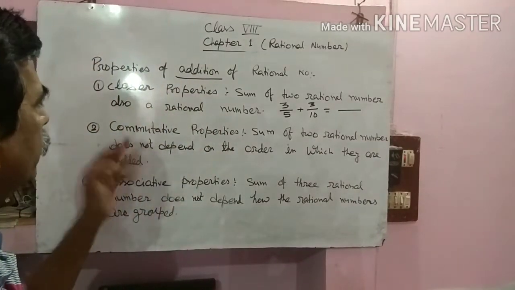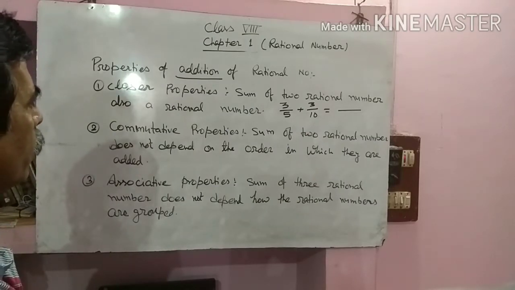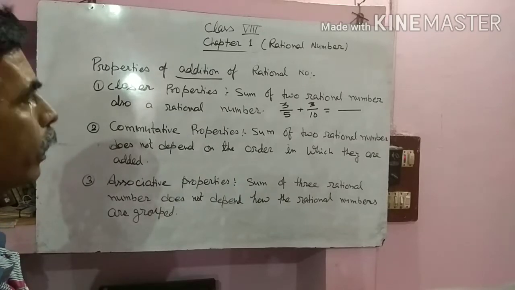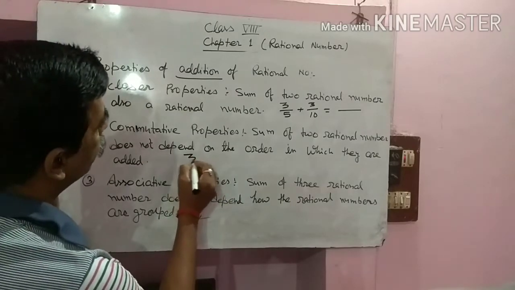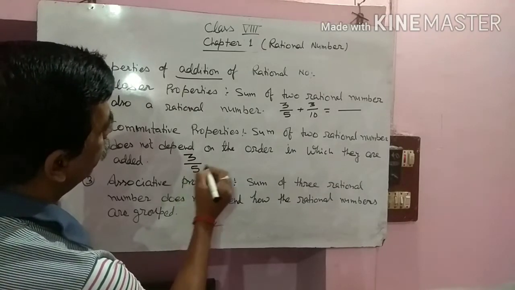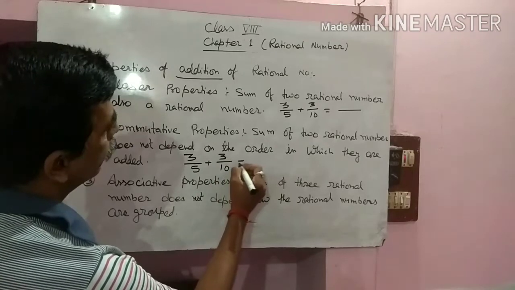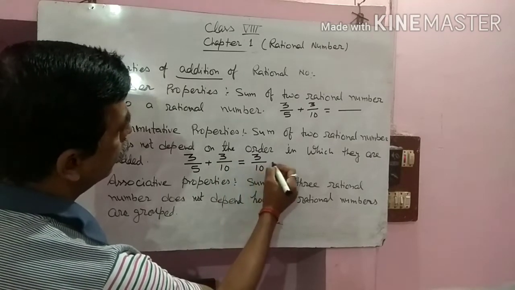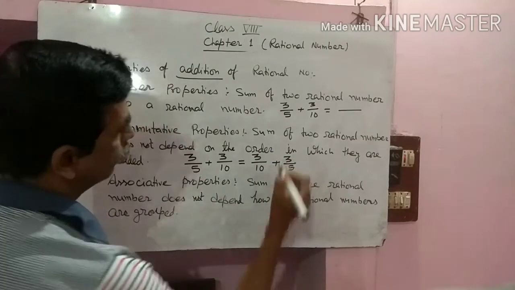Okay. Next, the commutative property says the sum of two rational numbers does not depend on the order in which they are added. Suppose we write 3 by 5 plus 3 by 10, it means 3 by 10 plus 3 by 5.